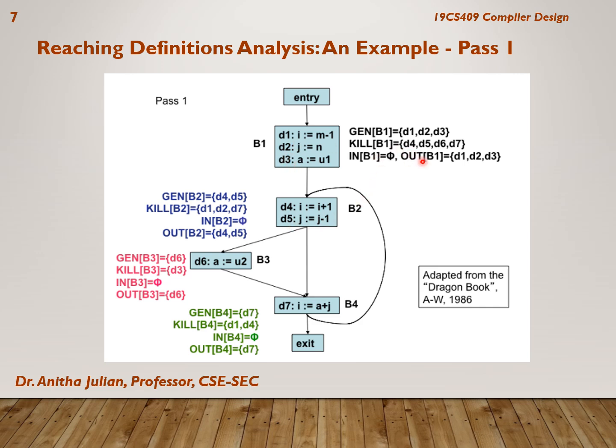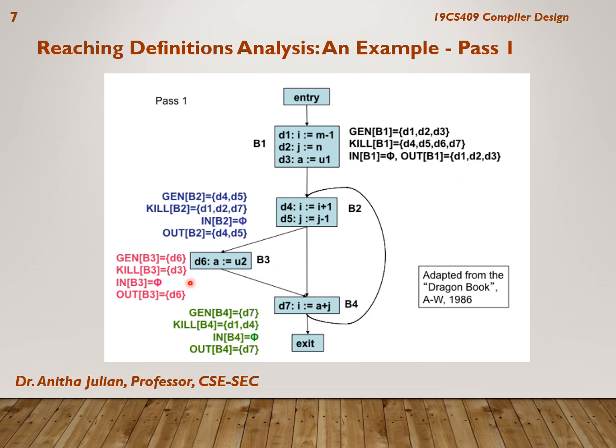Similarly, J is getting reassigned in D5, and A is getting reassigned in D6, so those we also include. Again, I is getting redefined in D7, so D7 is also included. Whatever variables appear in other blocks means they have been reassigned, so those things we have to write under kill.